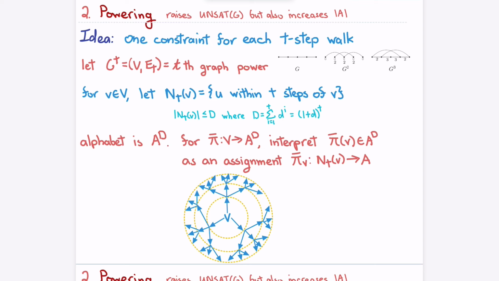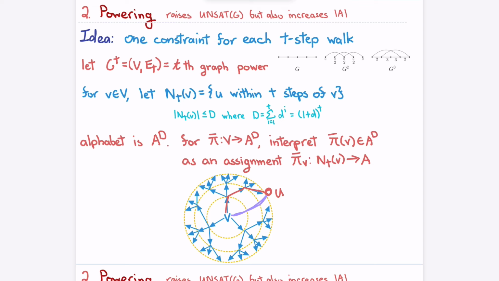So each vertex is going to, at some level, be carrying labelings for the entire neighborhood, enough to swallow up these walks. Now when we look at some constraint that corresponds to a 3-step walk, it goes to some U, right? So in our auxiliary graph, this will be a new constraint.